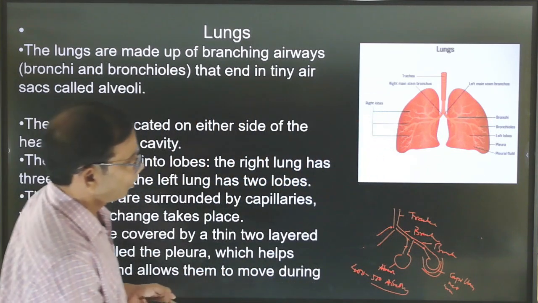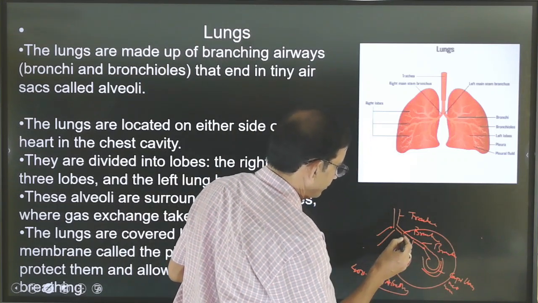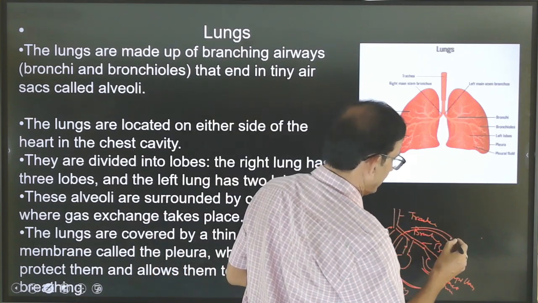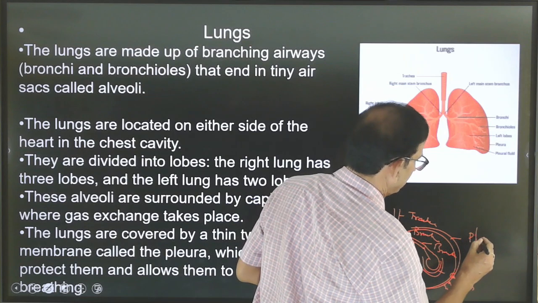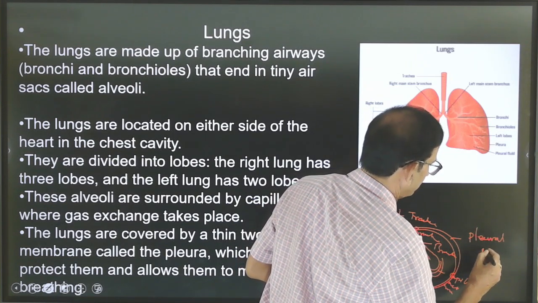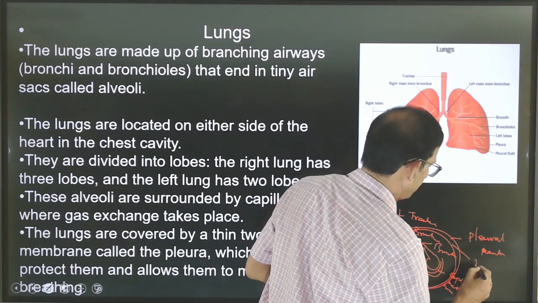The lungs are covered by a two-layered membrane called the pleural membrane or pleura, which has a fluid called pleural fluid.